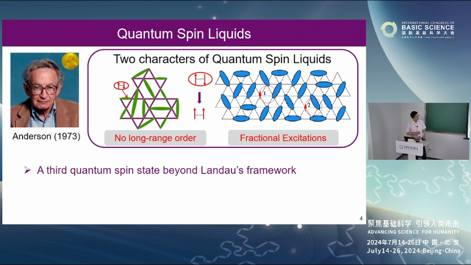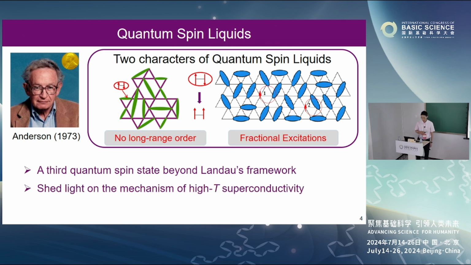The second important thing about quantum spin liquids is that Anderson in 1986, just when high temperature superconductivity was discovered, proposed that quantum spin liquid may be the parent compound for high temperature superconductors.